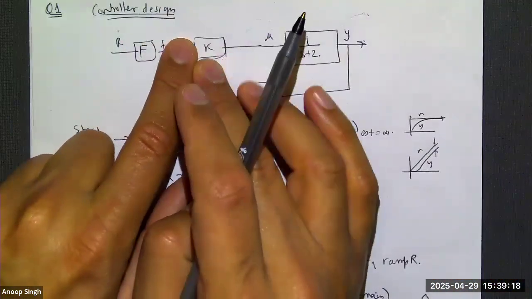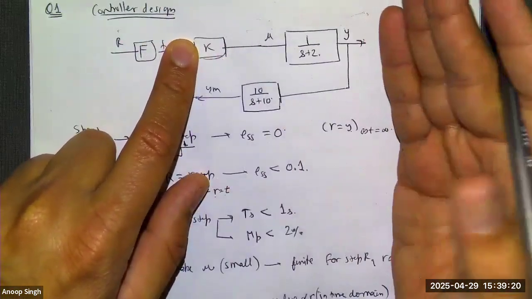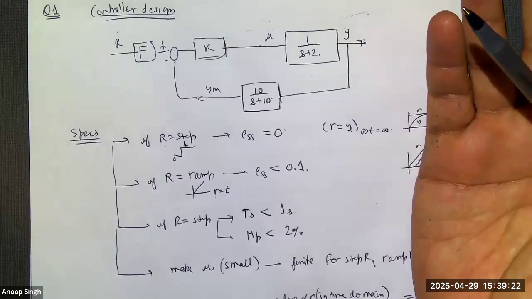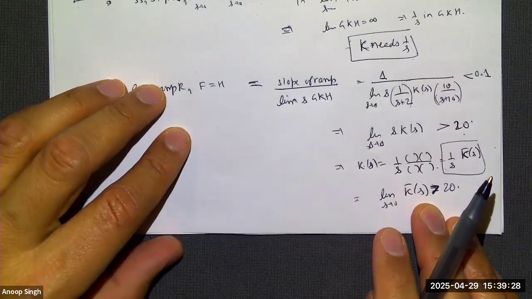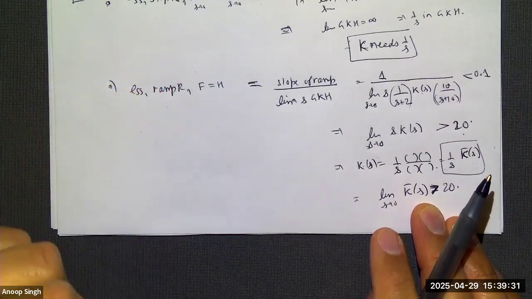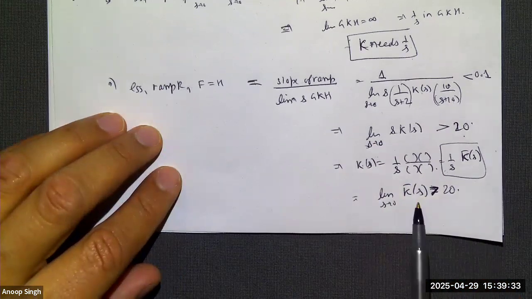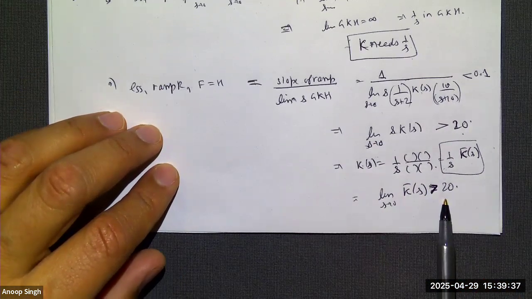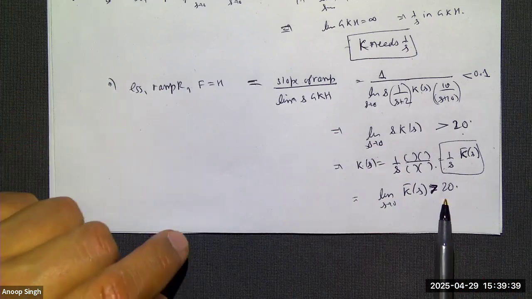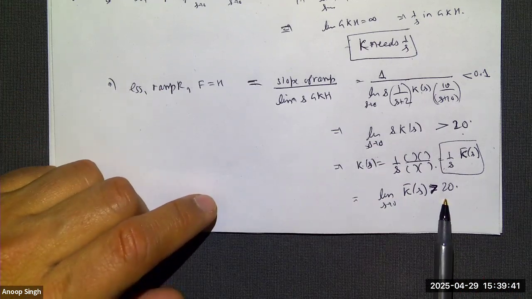If you put 1 over s square in the controller, your root locus is going to become even harder to do. So usually it's not the best idea to overdo on the specifications, but sometimes it's okay. Like if the controller was requiring way too much gain, then maybe it's just worth making the error 0 by putting double integrators in it.